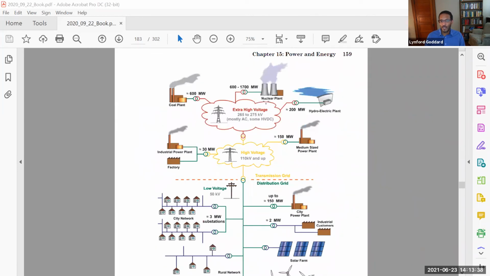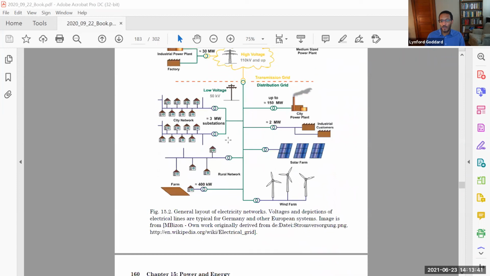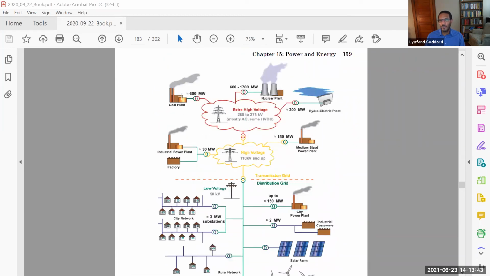So the way that the systems of the electrical network work, you have the different sources of how you generate the power. So you can have a coal plant, you can have nuclear, you can have hydroelectric, you can have these medium-sized power plants. These produce very high voltages on the order of hundreds of kilovolts, so 100,000 volts. And then these signals are transmitted on high voltage wires, like 110 kilovolts and higher.